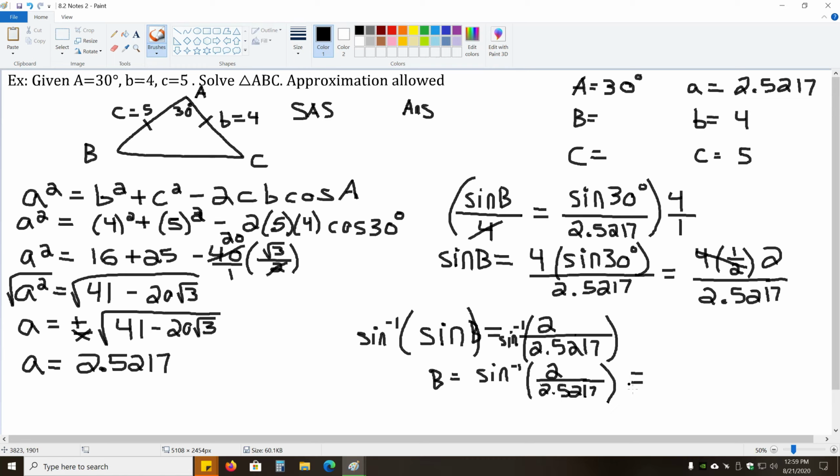And now we can plug this into our calculator. When we plug exactly what we have here into our calculator, it'll give us 52.4776 degrees. So that's what we're going to go ahead and put up here. But I do want to make an important note here. So this is our answer with rounding error.